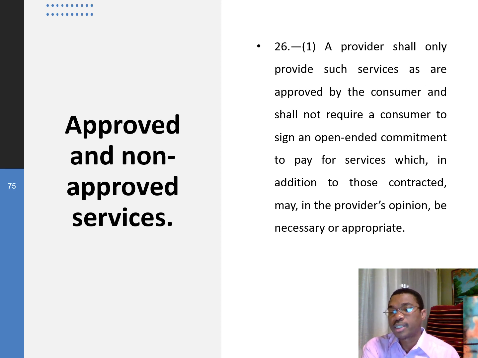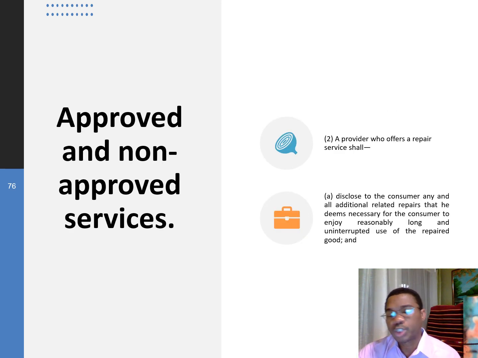So, in other words, the provider shouldn't impose themselves on the consumer unnecessarily, right? So a provider who offers repair services shall disclose to the consumer any and all additional related repairs that he deems necessary for the consumer to enjoy reasonably long and uninterrupted use of the repaired goods.